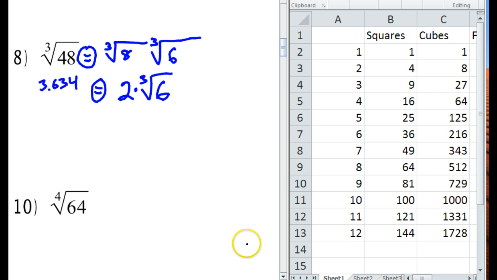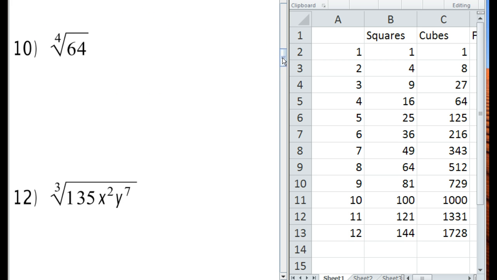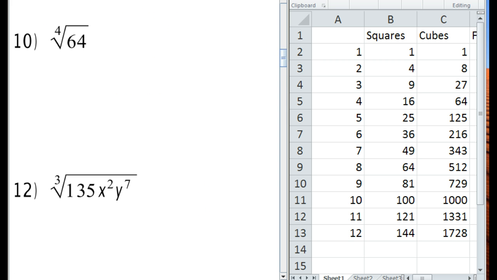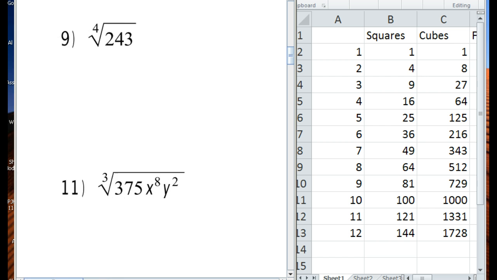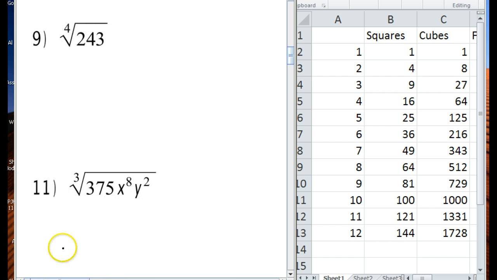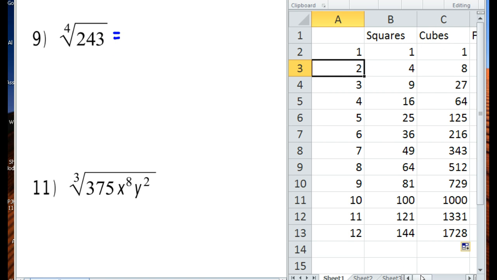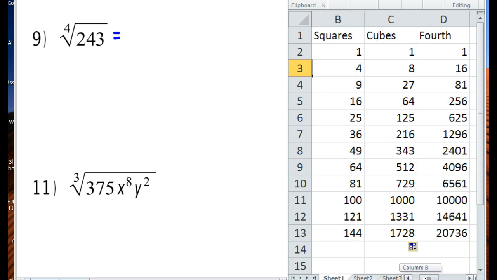Okay, let's try it with fourth roots. Well, actually, these are perfect fourth roots, aren't they? Okay. Yeah, so let's look for fourth roots.